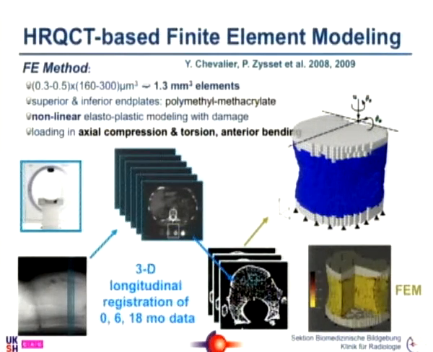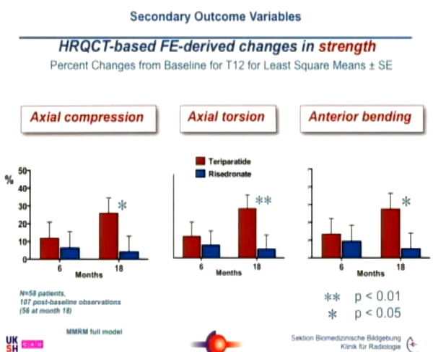Then we moved on to study these same patients with finite element analysis, and this was done in a cooperation between our center and Philipp Züssit, at that time in Vienna, now in Bern. So they performed the finite element modeling, and you see here at 18 months, highly significant differences in favor of teriparatide.